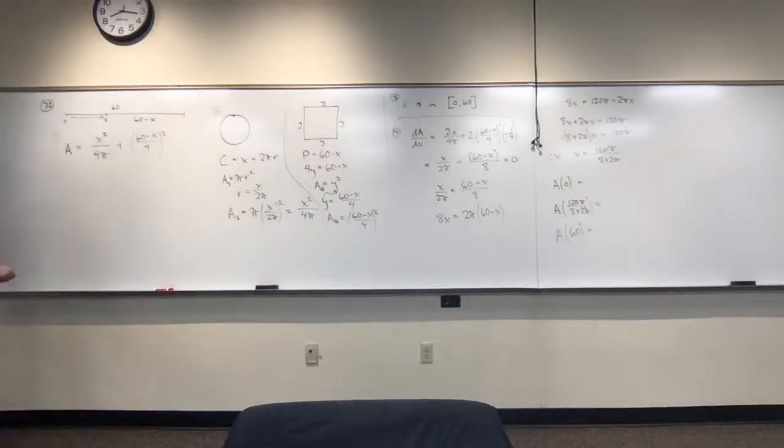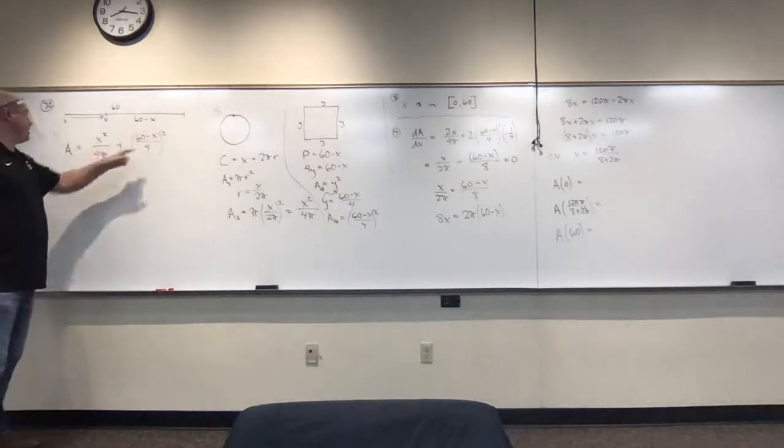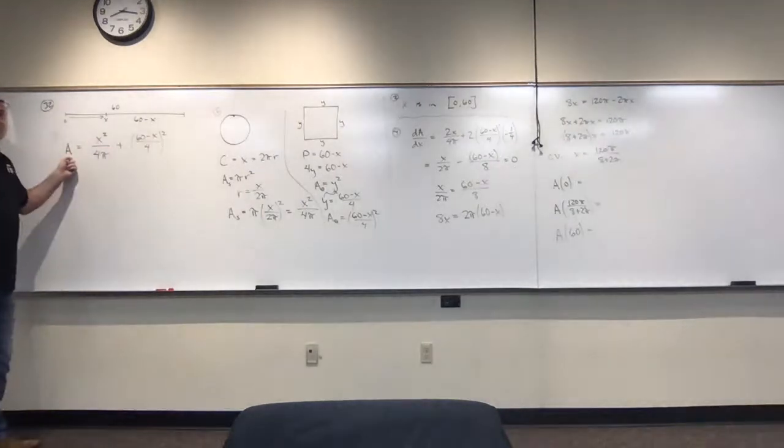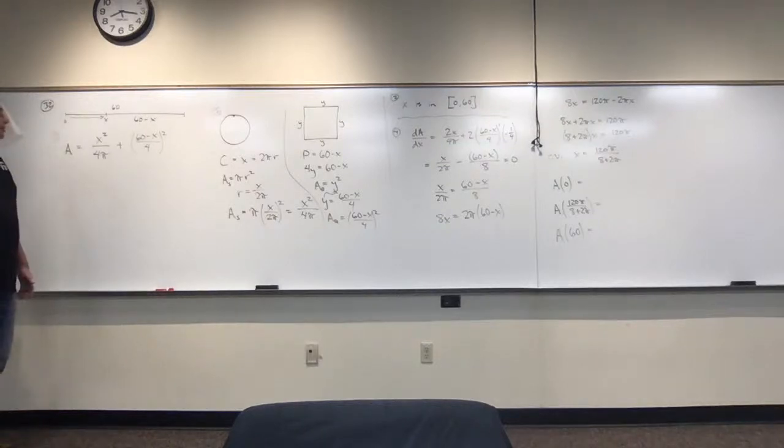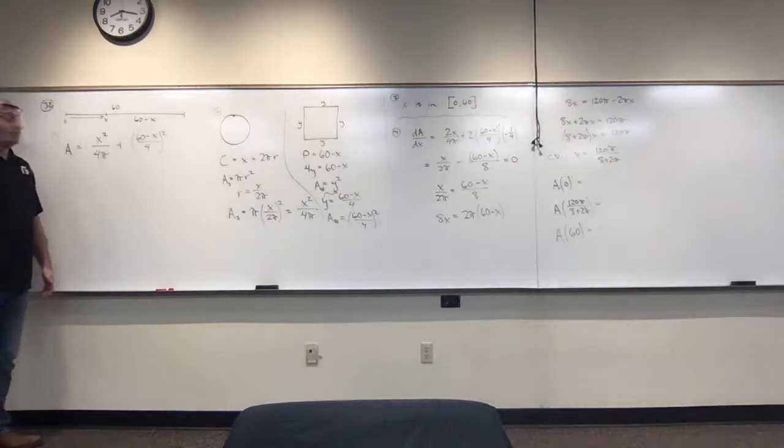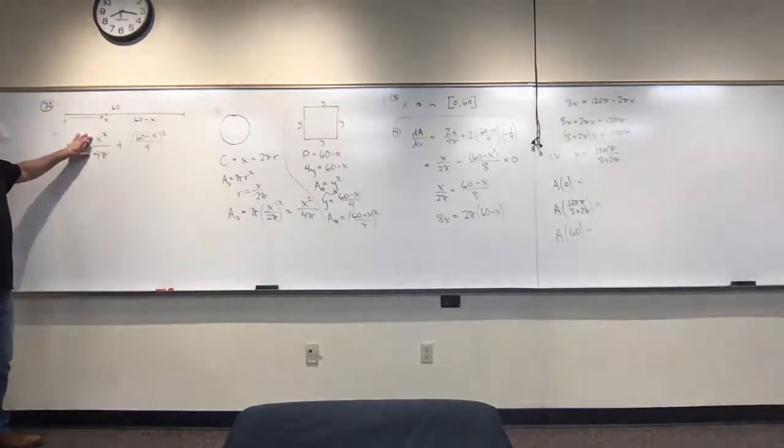By the way, what kind of function is A? If you were to multiply it out a little bit, what is A as a graph? It's a parabola. That's right. And that's because it's squared. Yeah, you have an x squared here.